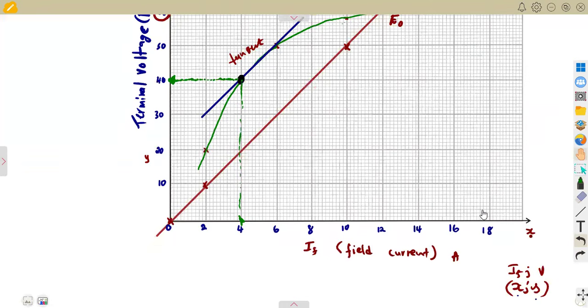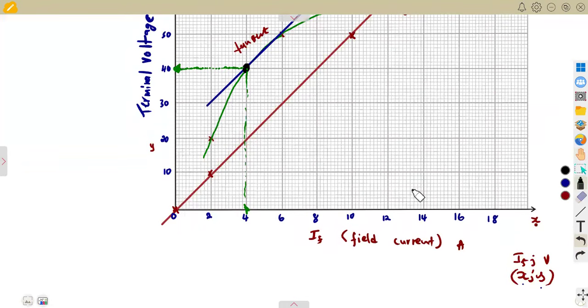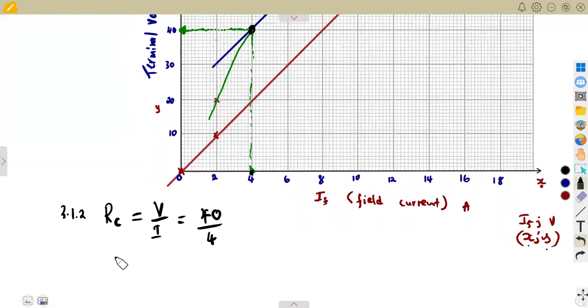That is how you determine this. So at that point, resistance is voltage over current. Our critical resistance, from the voltage over current, is going to be the voltage of 40 over the field current of 4, which is going to give us the critical resistance.